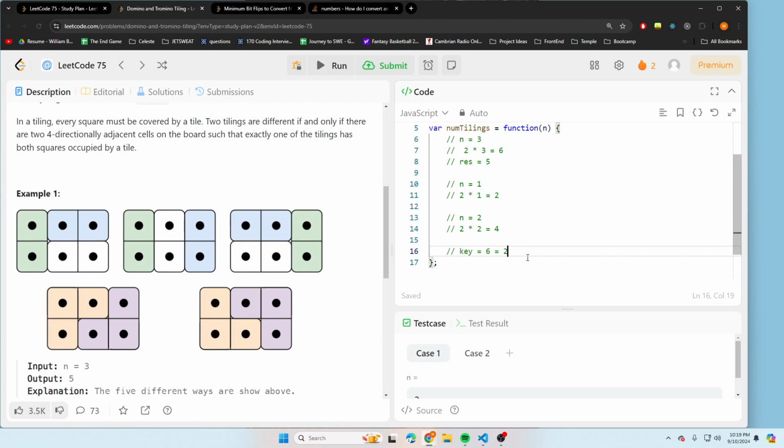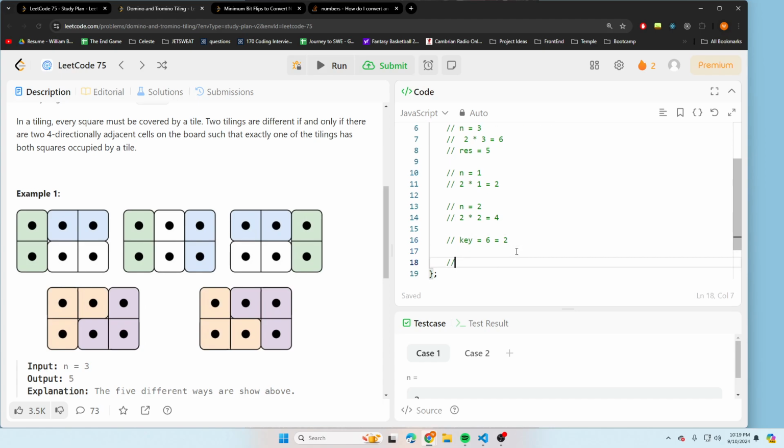So now that we know that, let's just say if we have 8. There is 3 ways of the domino to use that, and then 2 of the Tromino.